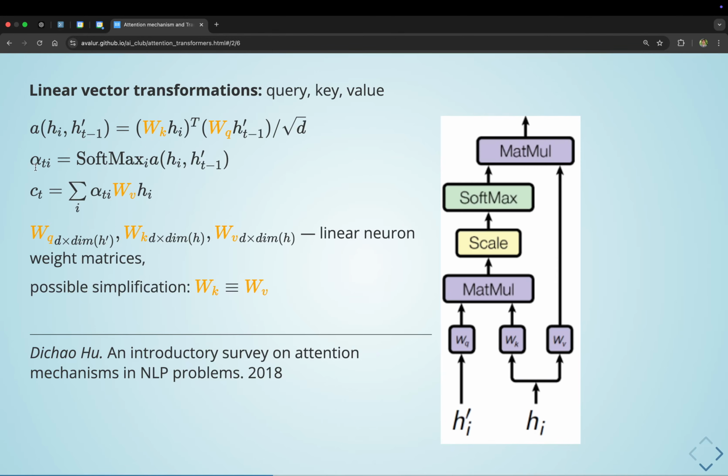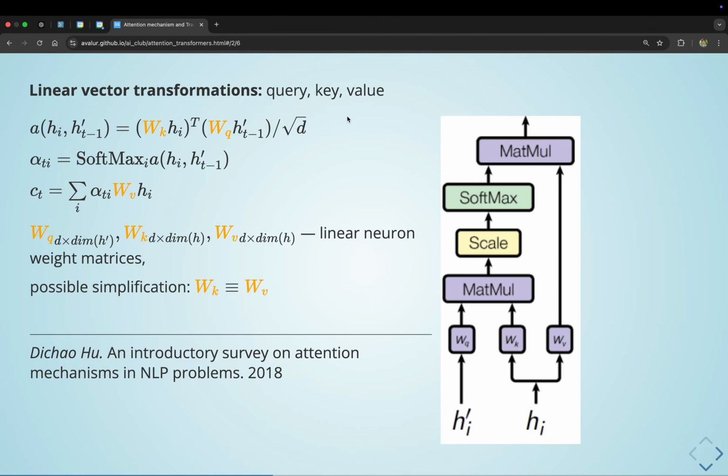The attention scores alpha ti are the softmax of this dot product of two vectors. And the final result, our context vector ct, is a weighted sum not of the input hidden states h_i, but of the input hidden states multiplied by a third parameter matrix W_v.